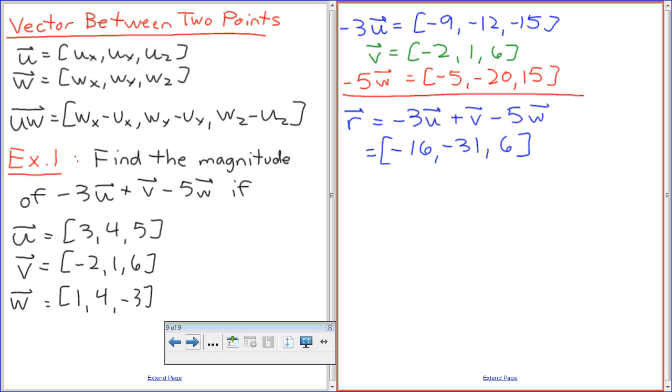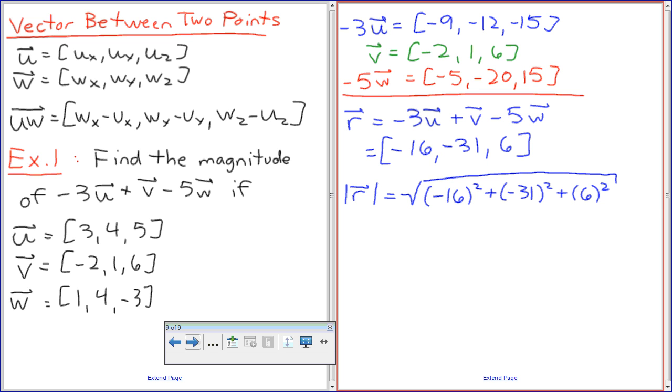All right, Austin, using your giant brain, can you tell me please how to find the magnitude of R? Right? And that's all it is.